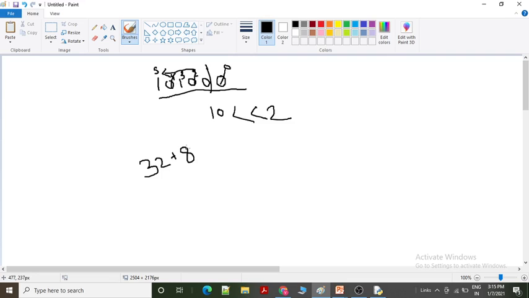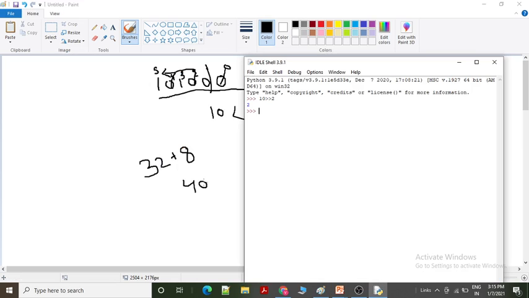So what will be the output? 40. Let's check the value in the Python shell. 10 left shift 2 gives 40. So here is the work of your left shift and right shift operator.